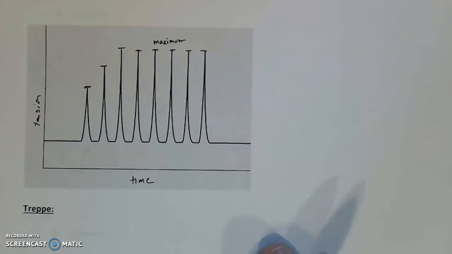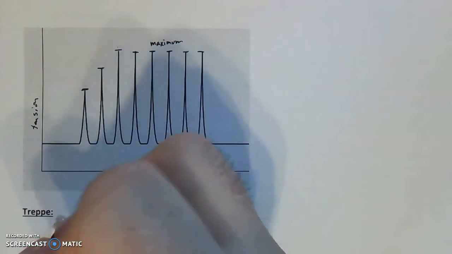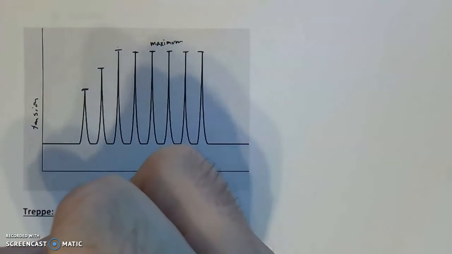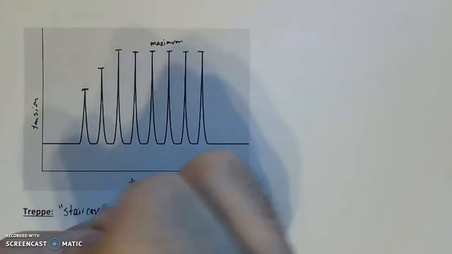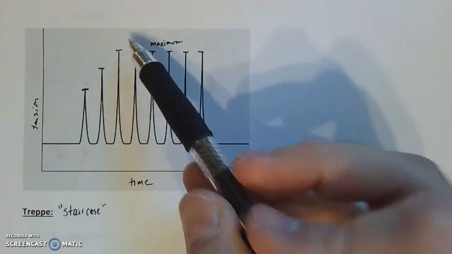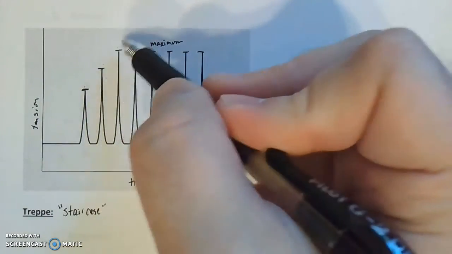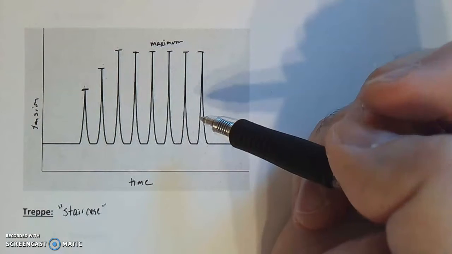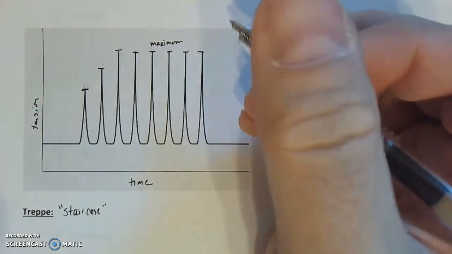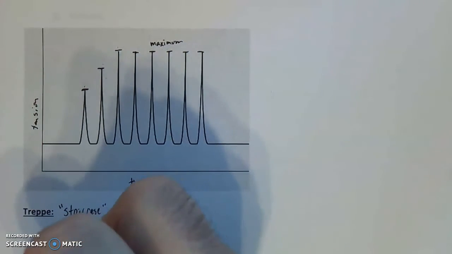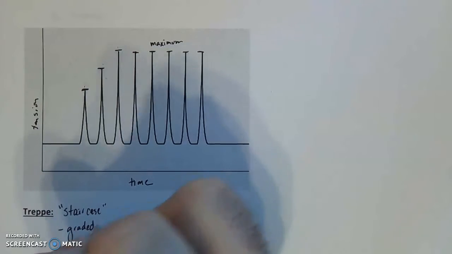This is a phenomenon called trepa or trepe. I've heard it pronounced both. It literally means staircase. So it looks like a set of stairs. So you're going 1 stair, 2 stairs, 3 stairs, and then we're at the landing. This is a graded response.